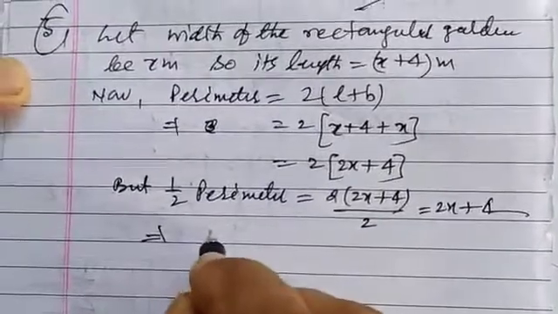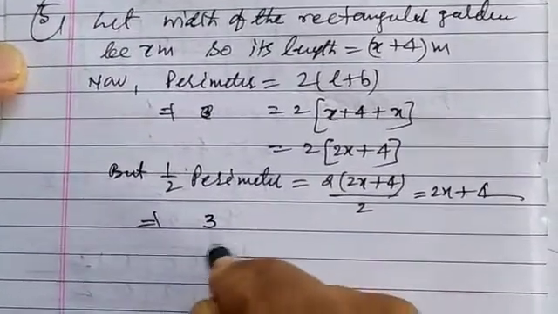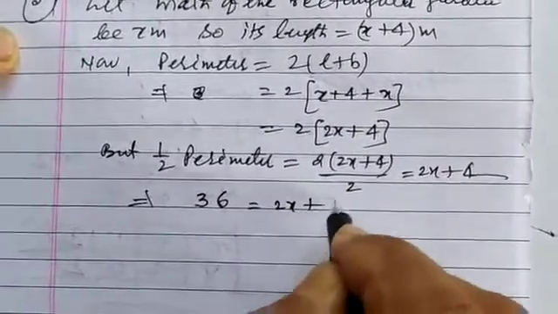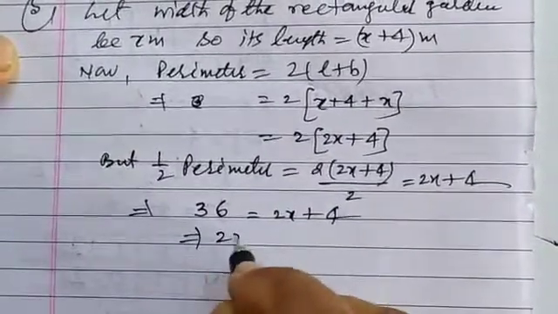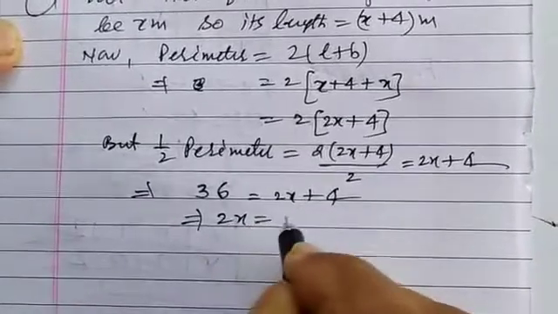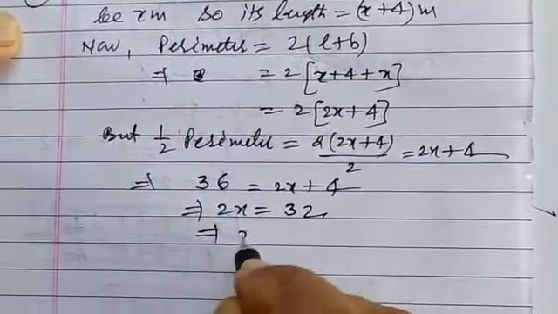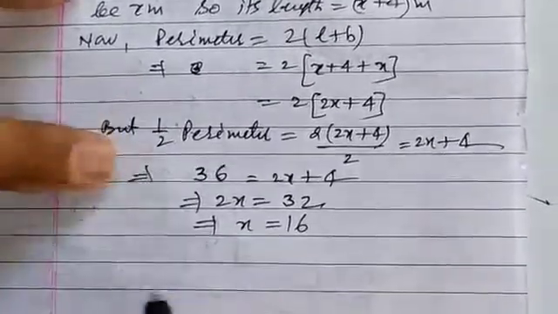Half the perimeter of the rectangular garden is given as 36, so 36 equals 2x plus 4. This implies 2x equals 36 minus 4. It will be 32. This implies x equals 16.